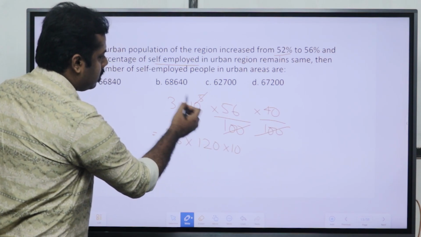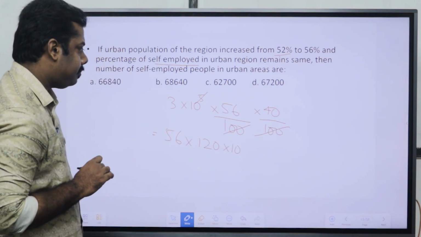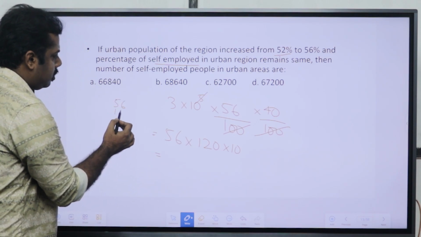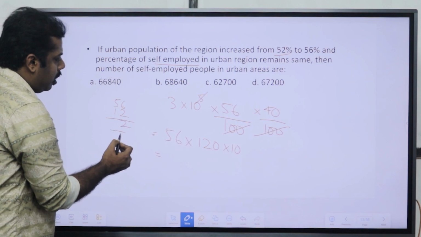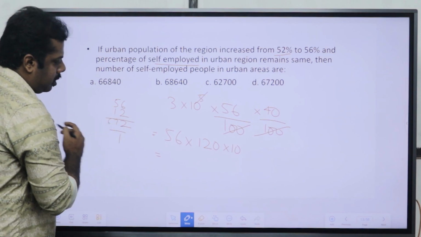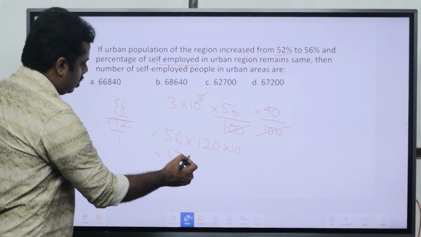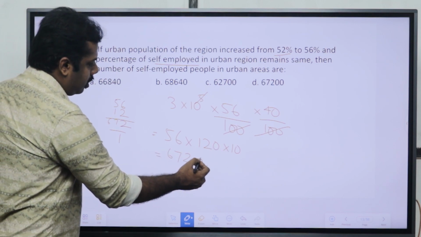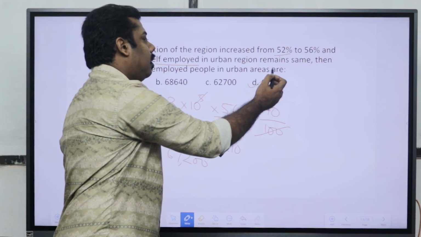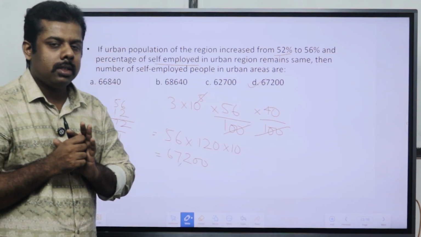So 10 is remaining. Just multiply 56 into 12, and we get 67,200 as the answer. Looking at the options, the answer is option D, that is 67,200.